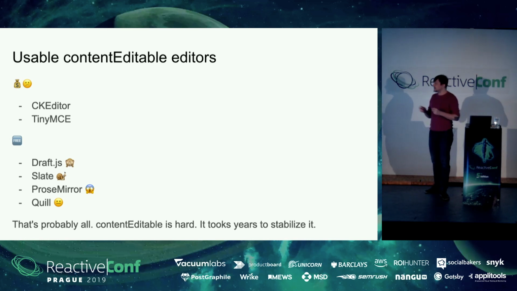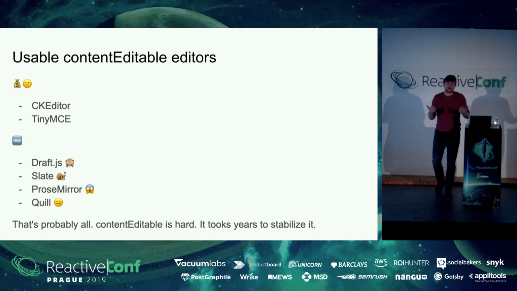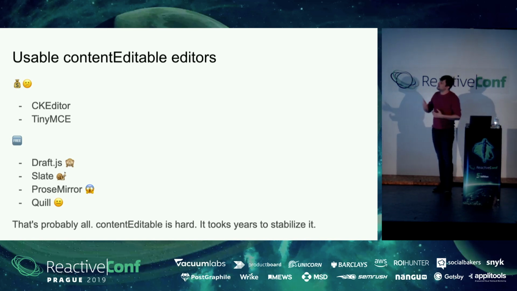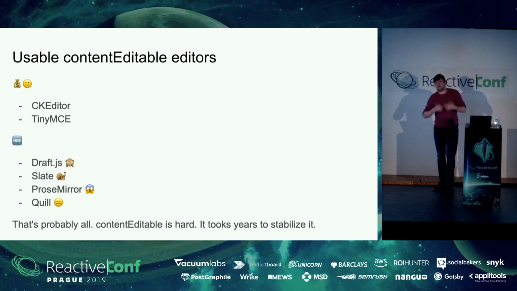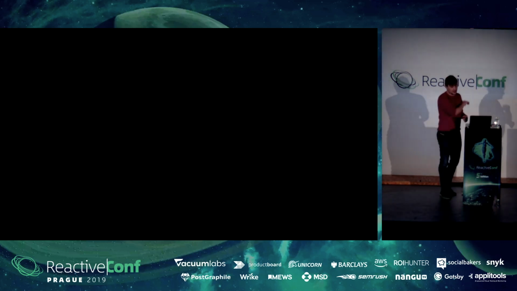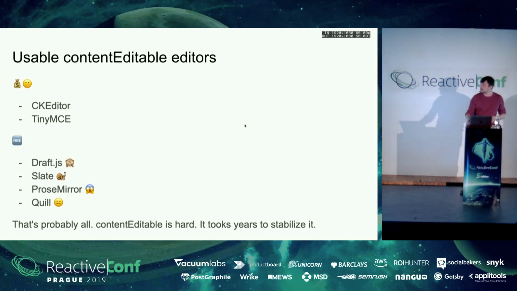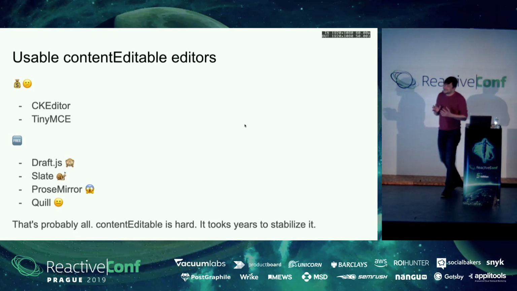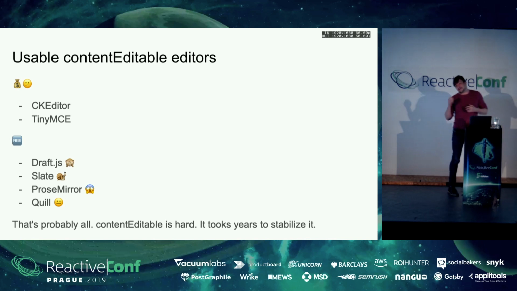So it's somehow open source, but they do not listen to what the community needs, because the whole team behind Draft.js is two people, and they are fully working on Facebook features. So Draft is nice, probably one of the best, but if you need anything else, they will not listen to you.